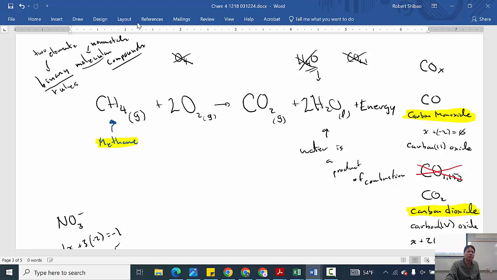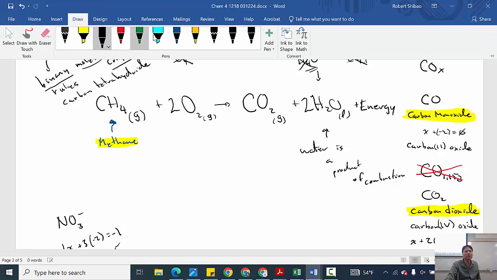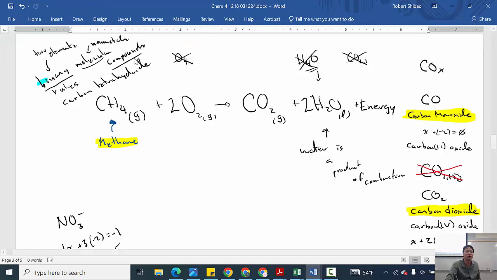The rules, we would call this carbon tetra. Tetra is the prefix for 4, hydride. So using the rules for binary molecular compounds, this would be called carbon tetrahydride. So this is an alternate name for methane.